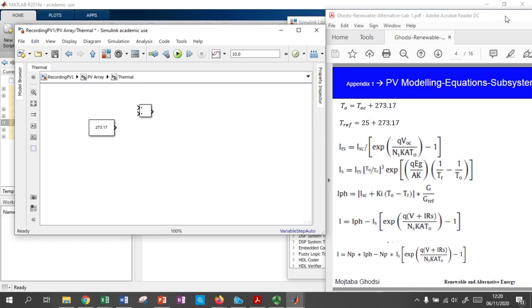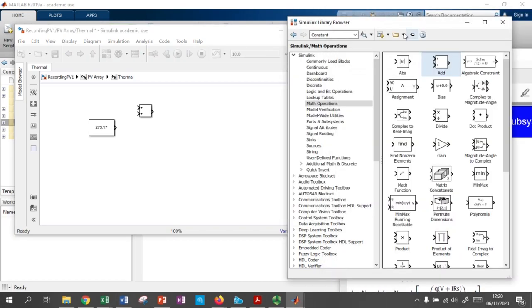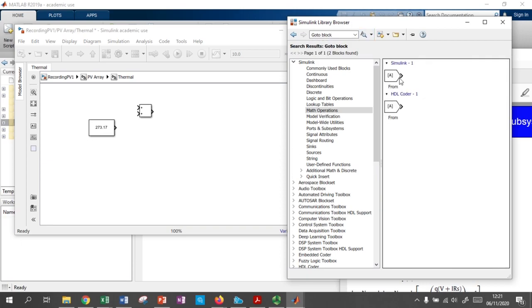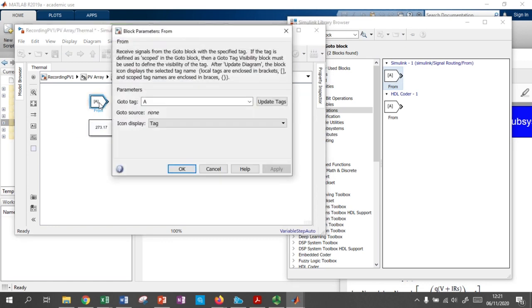To have this input from outside, we will select the Goto block. I will find the Goto block because we need something to send it. Its name is temperature, operating temperature in centigrade degrees. Then I will press it.